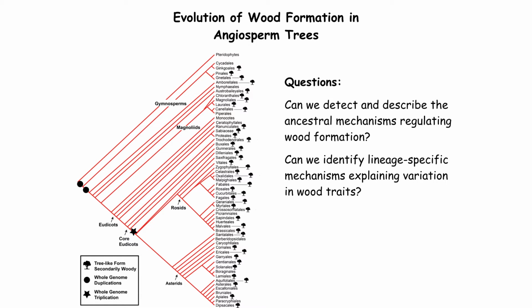So one thing that we want to know is what are the ancestral mechanisms that allowed early angiosperms to form wood, but also how were those mechanisms diversified in all of these various orders to produce the large array of anatomy and biochemistry that we see in wood of extant species.